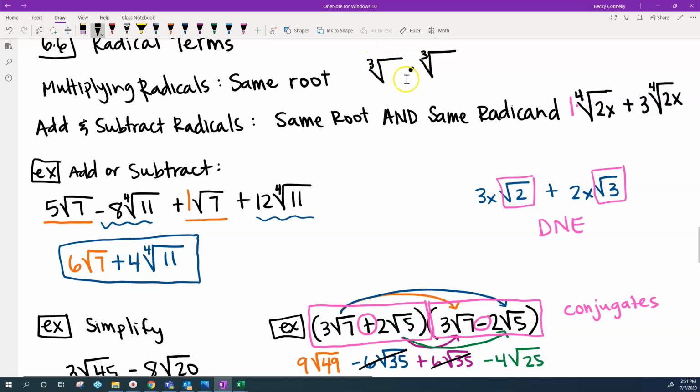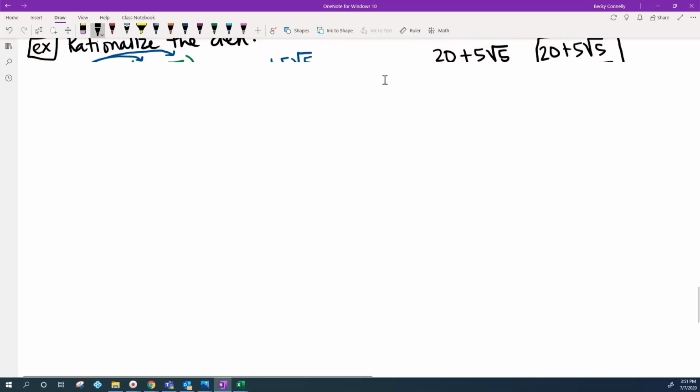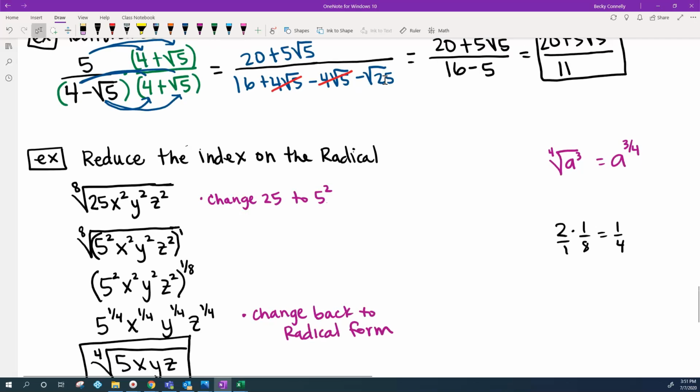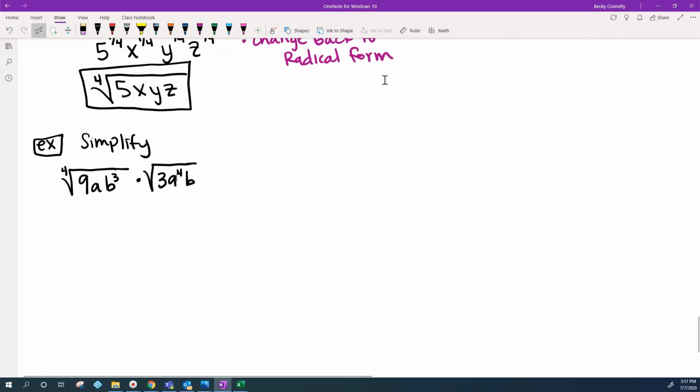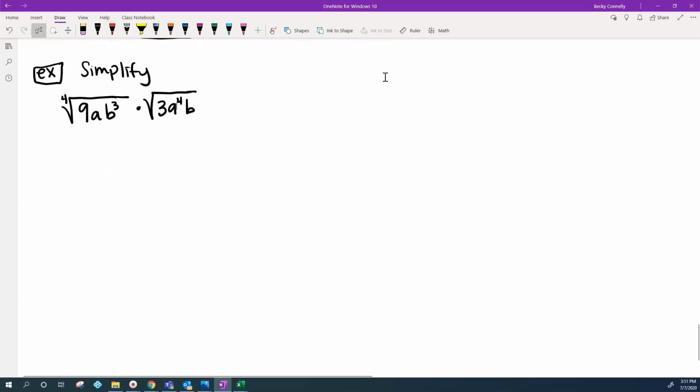Both of them have 3s or 2s or whatever. On this one, we don't. We've got a fourth root and we've got a square root. So that means we can't combine them together the way they are, but we've got to make them the same, so that they are inside the same root.